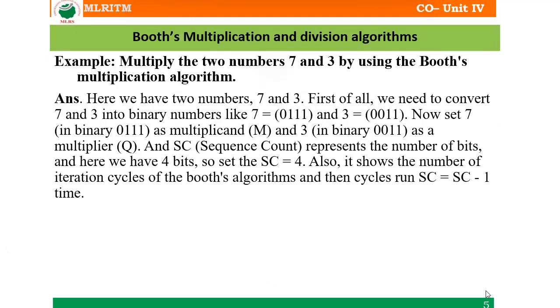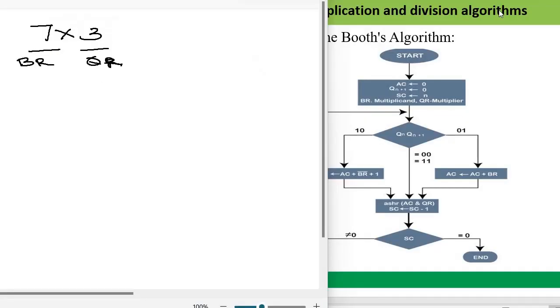Now what is the process we are doing? You can see here. Now see how to perform 7 into 3 by using Booth's multiplication algorithm. 7 is stored in the BR register and 3 is stored in the QR register. Sometimes the BR register is also called M. The binary equivalent value of 7 is 111, so the sign of 7 is 0.